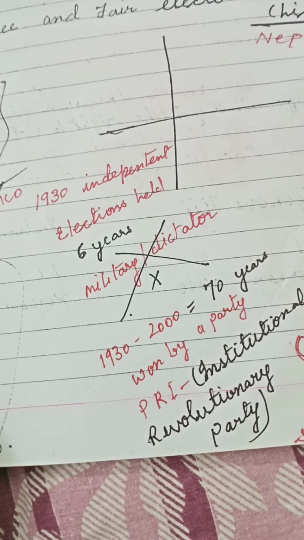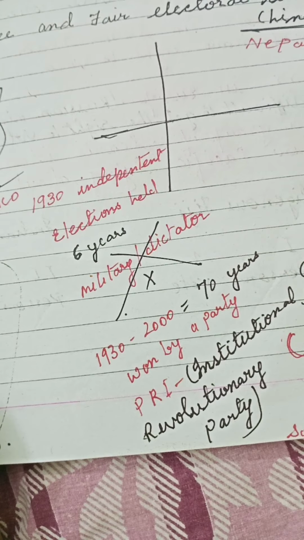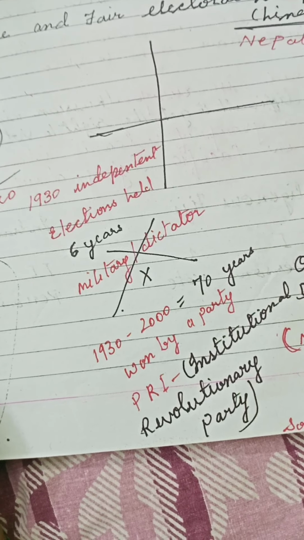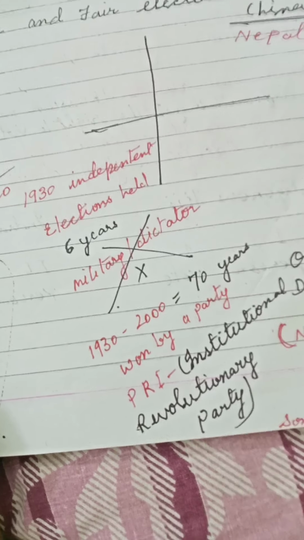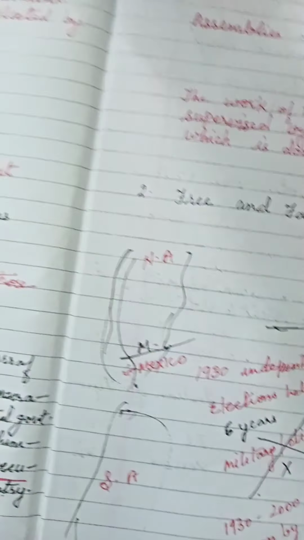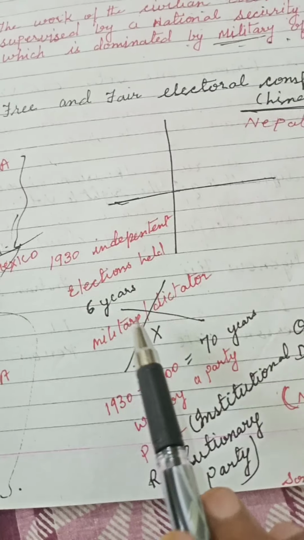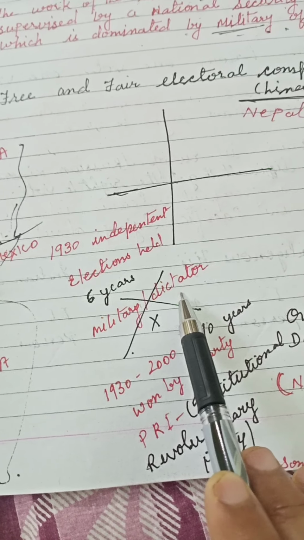Till 1930, they were also having regular elections. Elections were held here every 6 years. In Mexico, there is no military system, no dictatorship.